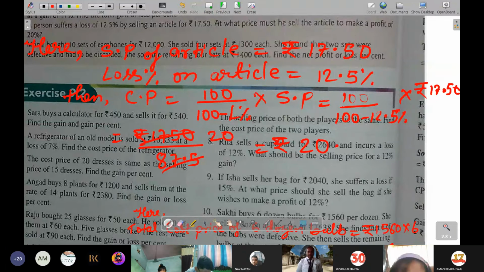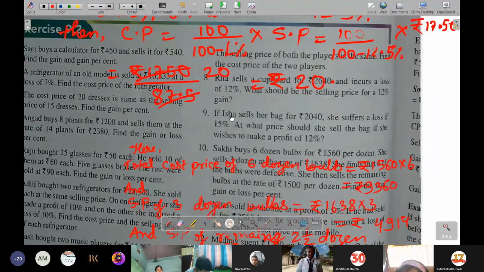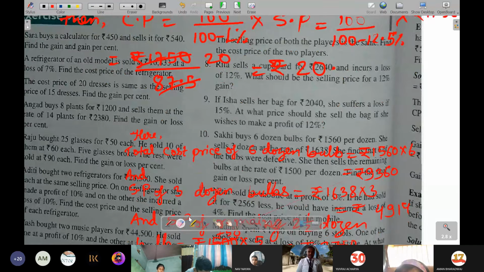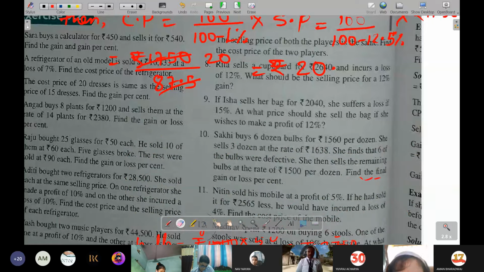Clear up to here? Now you have to find selling price for 20% profit. You can write again. SP is equal to what? It will become 100.